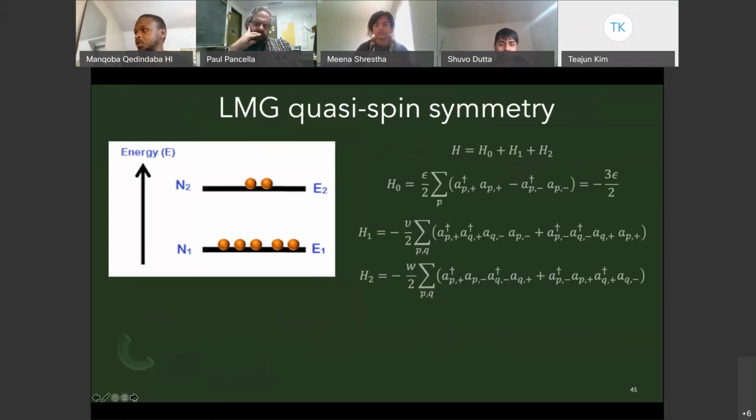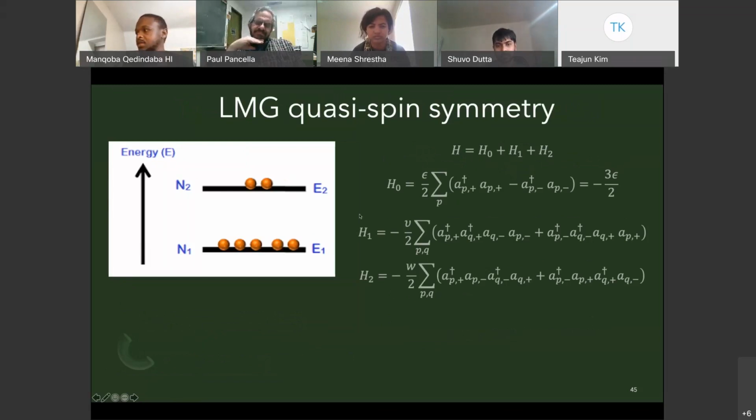And how you do that, basically, you define, I already gave you the answer here. So you define three, the Hamiltonian has 3 terms. The first term, H naught, just basically counts the difference between the number of particles in the top and in the bottom one.